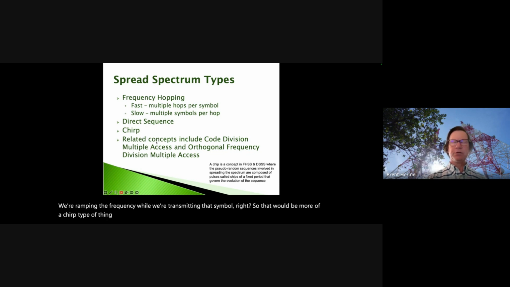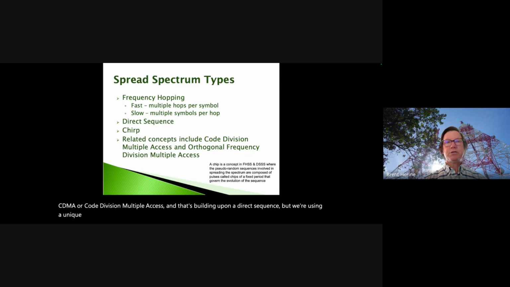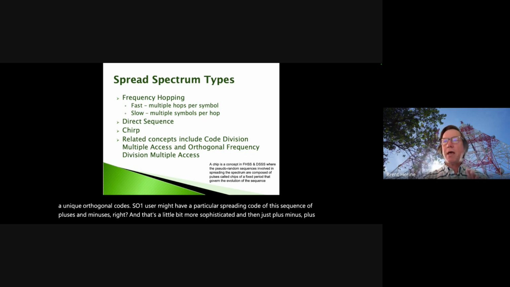Now, building upon these, we can have related concepts, including CDMA, or code division multiple access, and that's building upon a direct sequence, but we're using unique orthogonal codes. So one user might have a particular spreading code, the sequence of pluses and minuses, right? And that's a little bit more sophisticated than just plus minus plus minus plus minus, right?